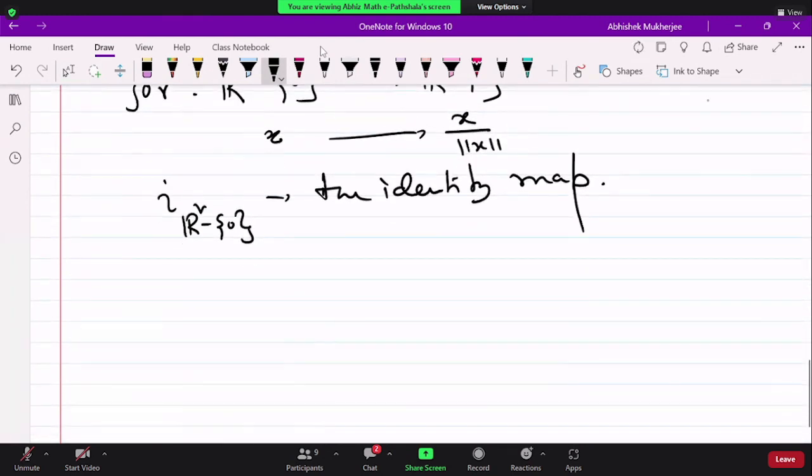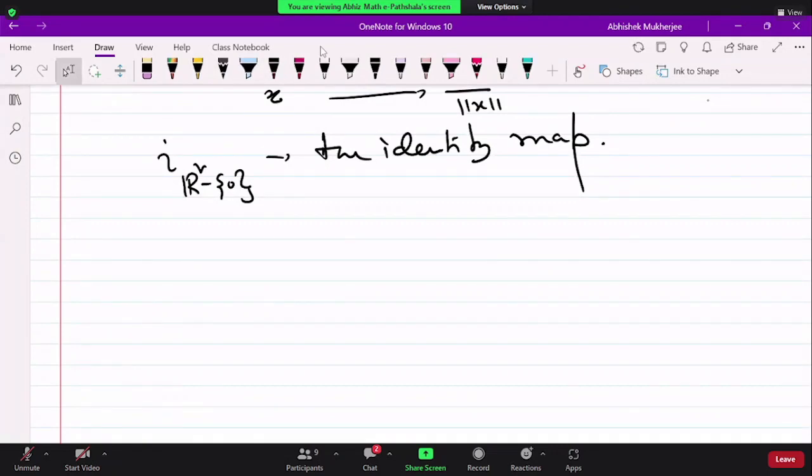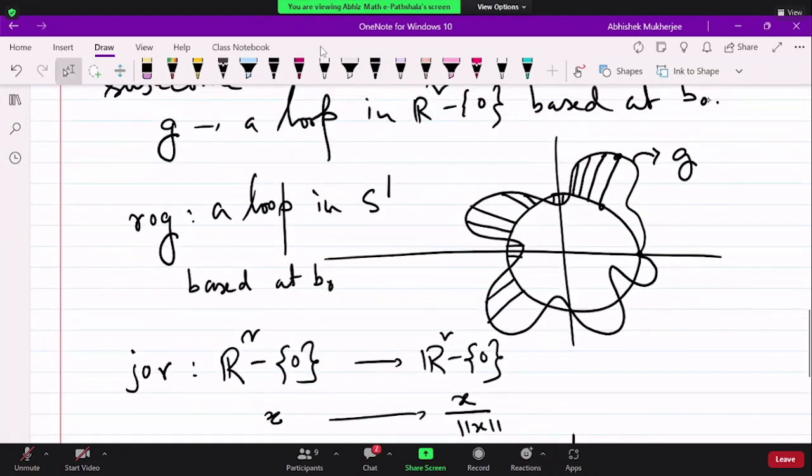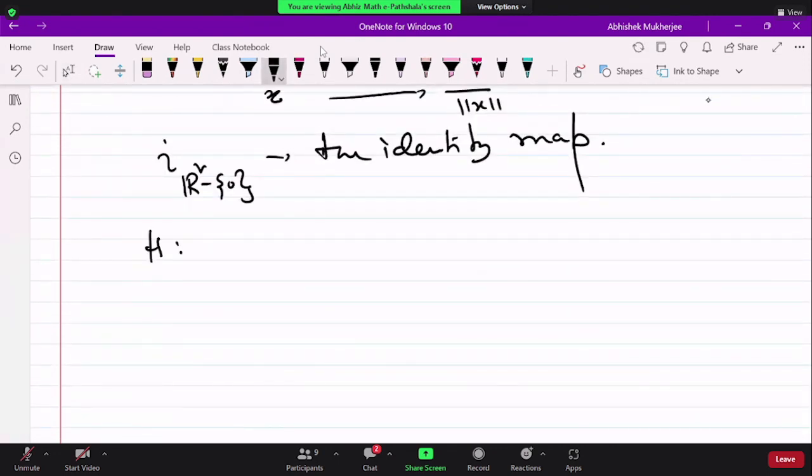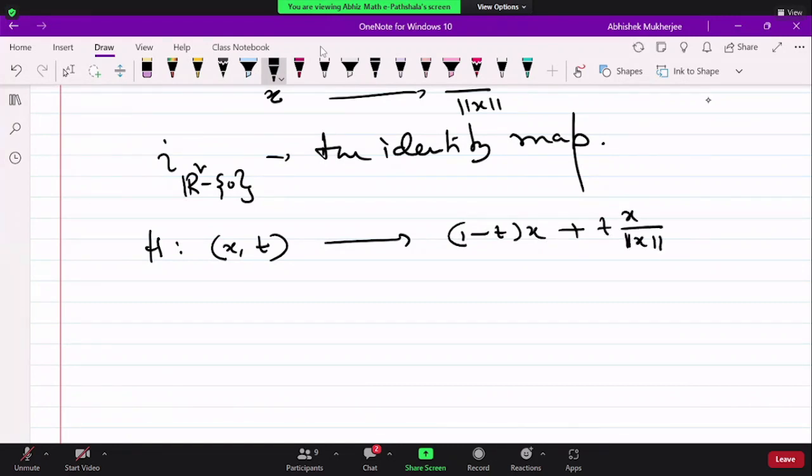That means you are considering a line segment from the point X. This is your X, and you are projecting it to X by norm X. So this is your homotopy, which sends X comma T to the line segment joining the point X and the point in the unit circle, right?